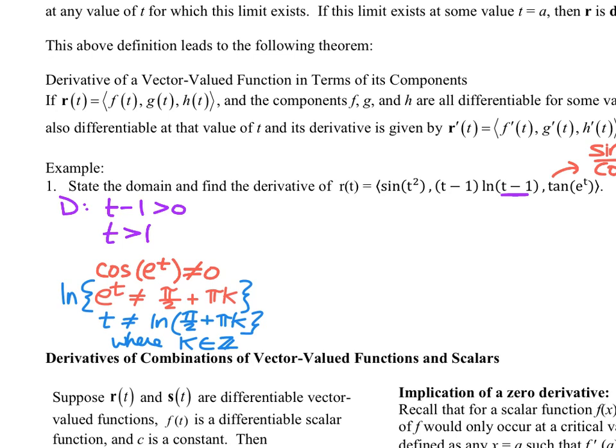So all through this mess, we have addressed the restrictions on this function. It will not exist for any value of t 1 or below, and then also anywhere where I have a natural log of pi over 2 plus pi k that falls in this interval, that's also going to be restricted.